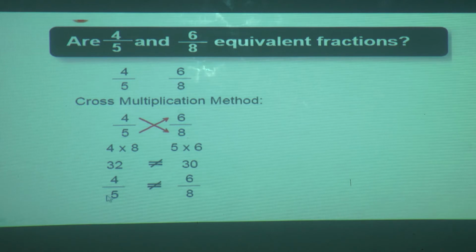In short, we can say that 4 upon 5 and 6 upon 8 are not equivalent fractions. Here also you can take your own example and find out whether the fractions you have taken are equivalent or not.